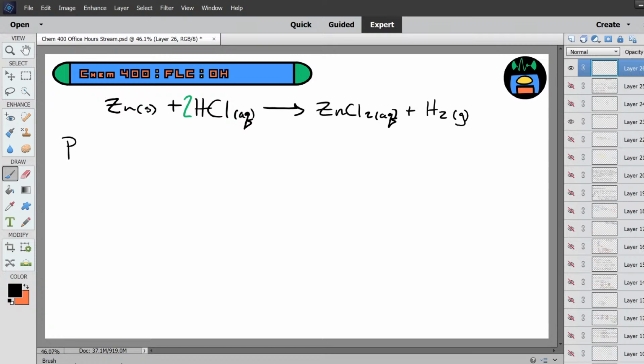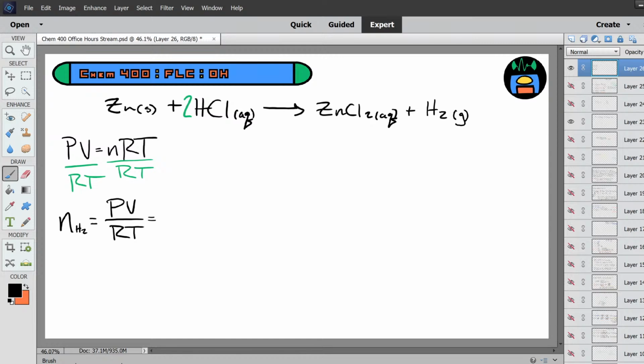We have PV equals nRT. We're going to rearrange this to find our moles of hydrogen. To be specific, it's equal to PV over RT.